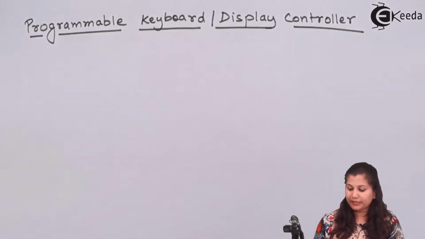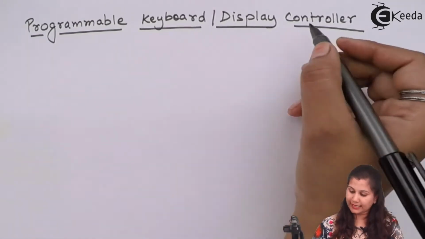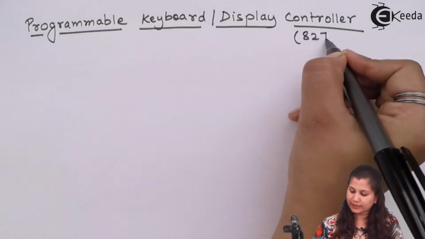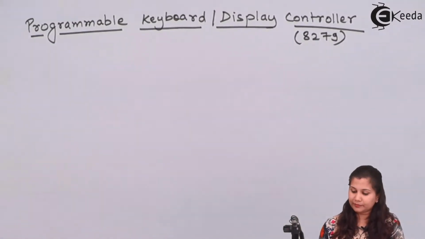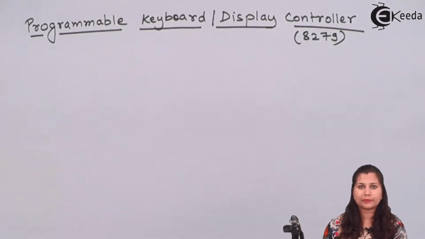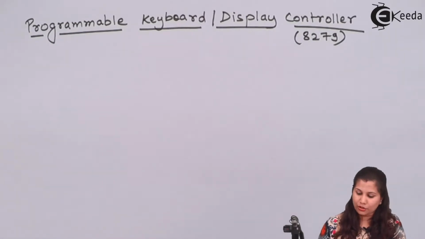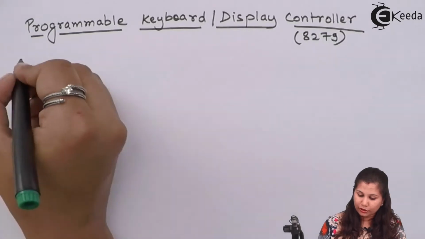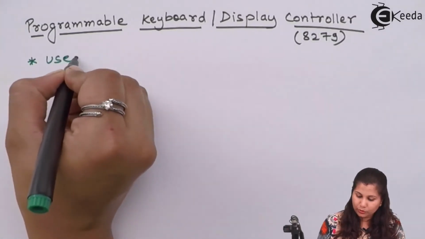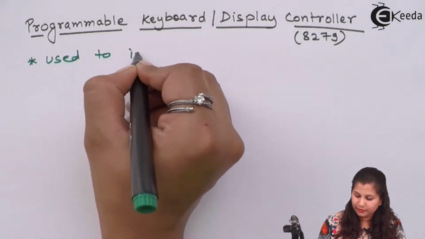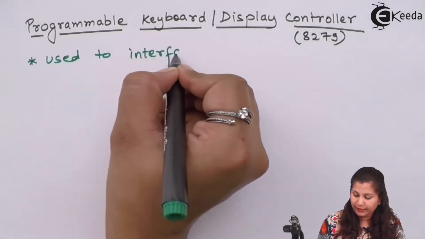So this programmable keyboard display controller, its IC name is 8279. This is used to interface the keyboard and the display devices with the central processing unit or the microprocessor based systems. So we can write here the use of this 8279: used to interface.